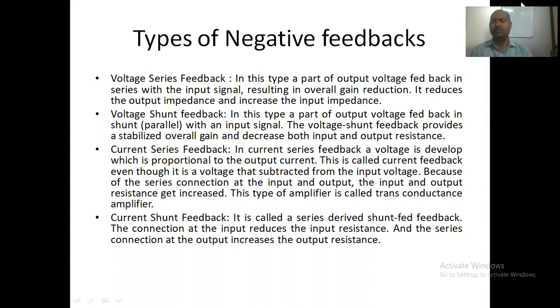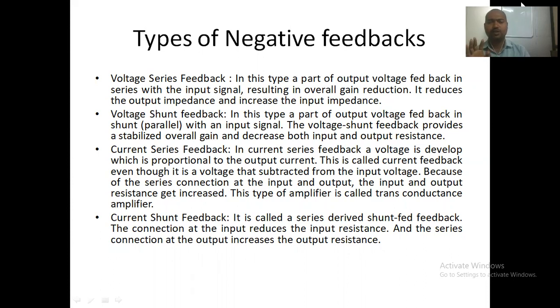When we use the two types of feedback, positive as well as negative, with positive feedback it enhances the gain, no problem. But whatever gain comes, it fluctuates or is unstable. This is not acceptable, so we don't use it. So we use the other type of feedback, negative feedback, which reduces the gain. That is acceptable.